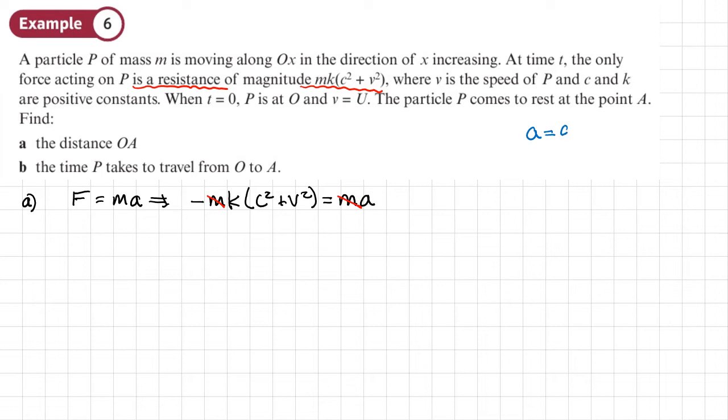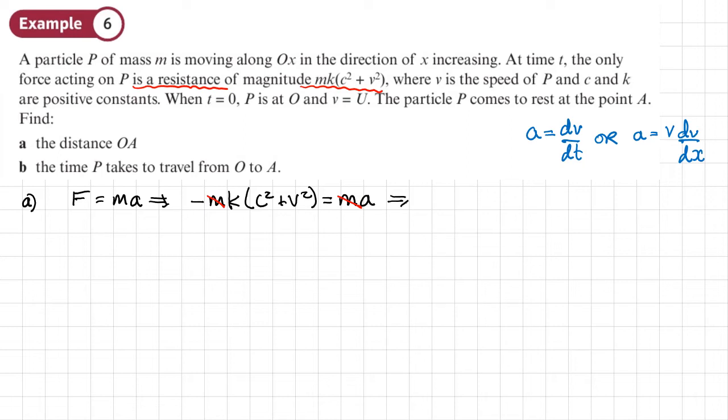Am I going to replace it with dv/dt, or am I going to replace a with v dv/dx? Now, the hint's always going to be, what do you need to find? Distance or time? I need to find distance, so I replace it with this form here.